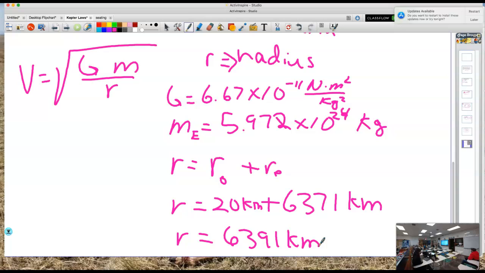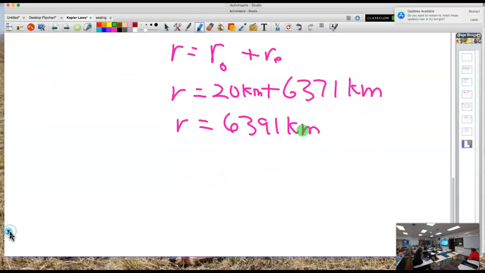Okay, now here comes the next trick. What unit was that? That was meters, right? But this is kilometers. So that means we have to make our radius meters. How do you turn kilometers into meters?